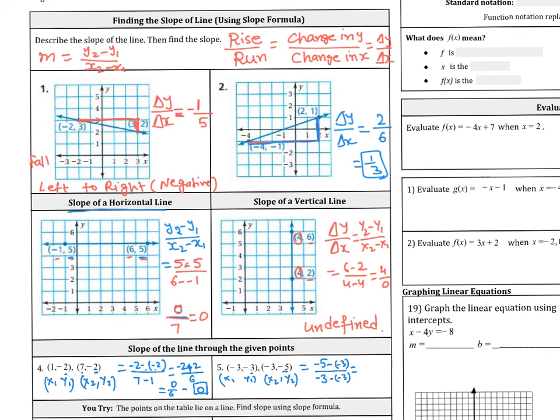So it's going to be negative 5 plus 3. This changes into positive because of 2 negatives. Negative 5 plus 3 would be negative 2. And negative 3 plus 3 would be 0. So it's going to be undefined for number 5.